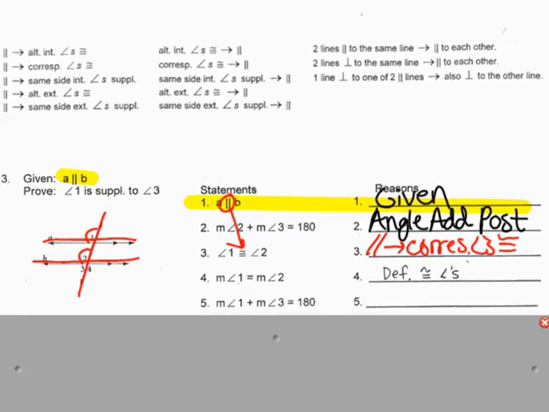For number 5, now I gotta really think about this here. I look throughout the proof, it kind of looks like number 2, because it's still got the 3, the 180s, but they replaced the 2 with the 1, and that's because 1 and 2 are the same. So what they did is they substituted.